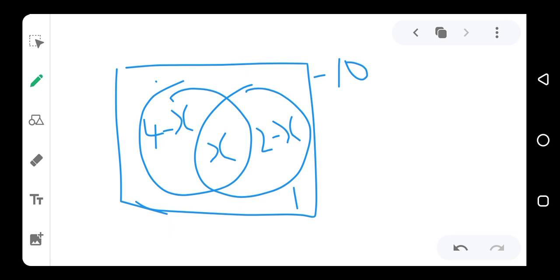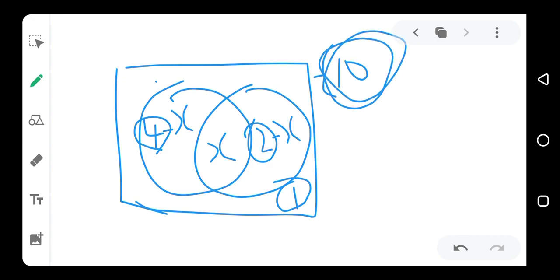Now if you look at this, this is 4, this is 2, and this is 1. So everything inside the set is not up to 10. If you solve this, you are going to get a negative number.